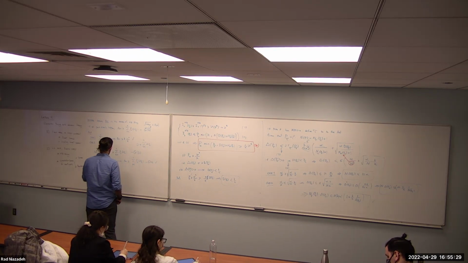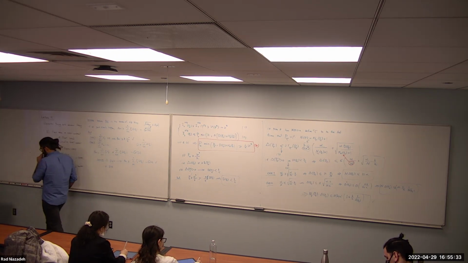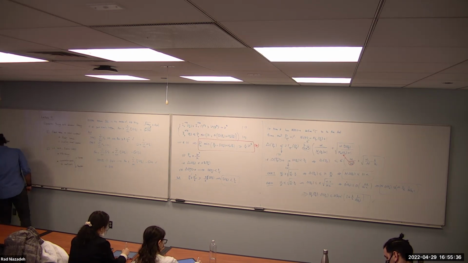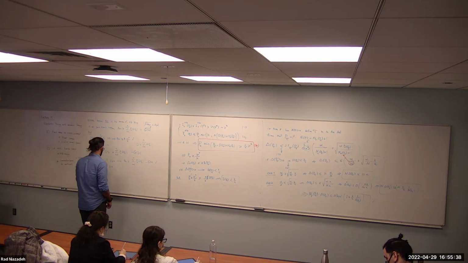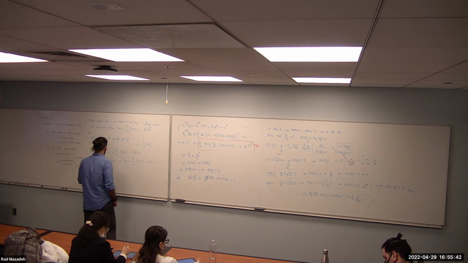And then if D is larger than K, then you can use the other concentration bound. So this is going to be case 2b.